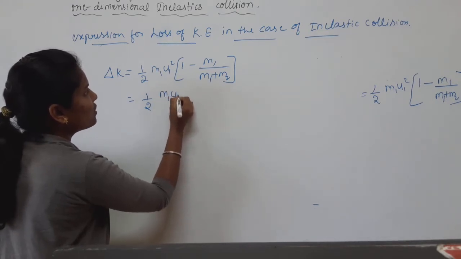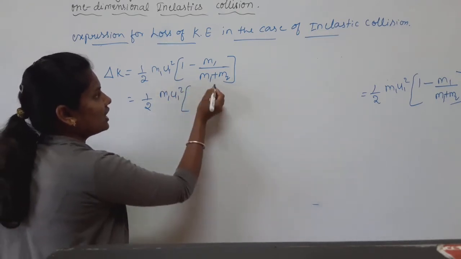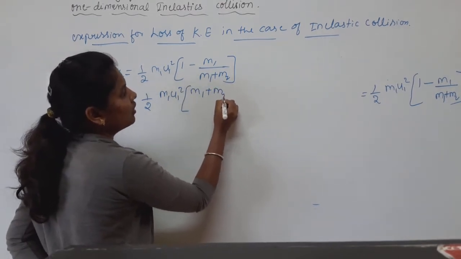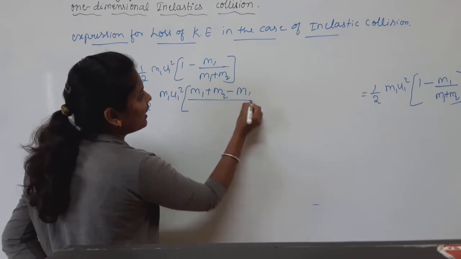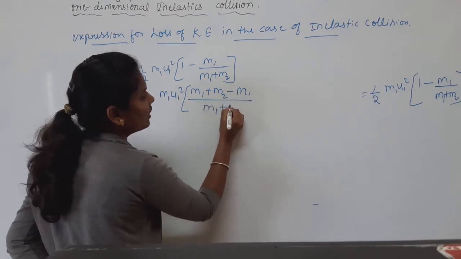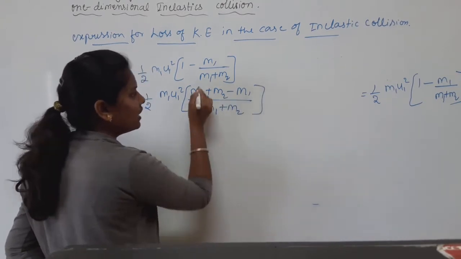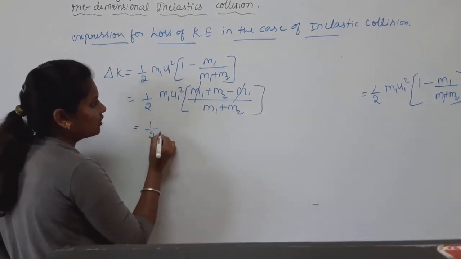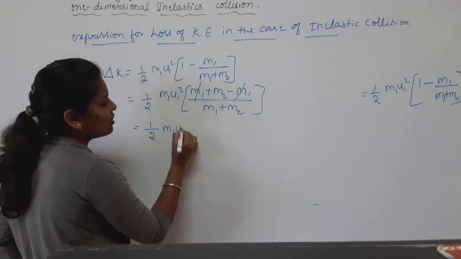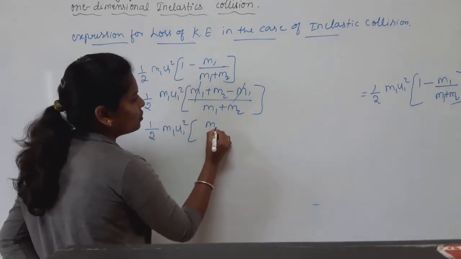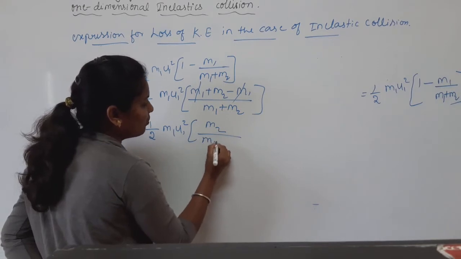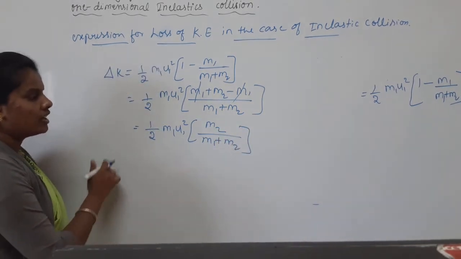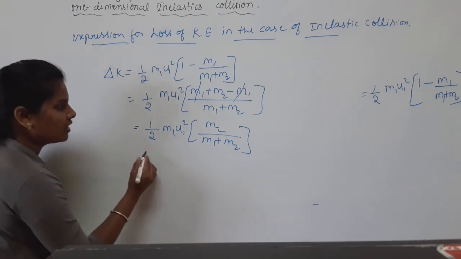Take the LCM of these: (m1 plus m2 minus m1) divided by (m1 plus m2). Here minus m1 and plus m1 cancel, remaining 1 by 2 m1 u1 square times m2 divided by (m1 plus m2). This is the expression for change in kinetic energy.